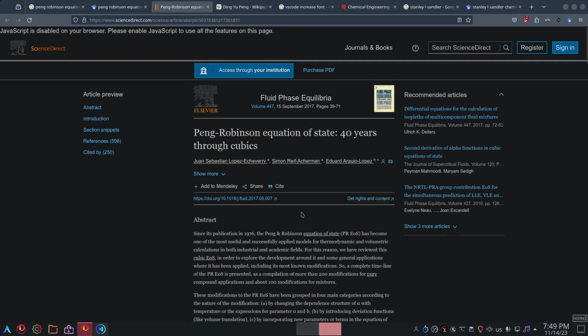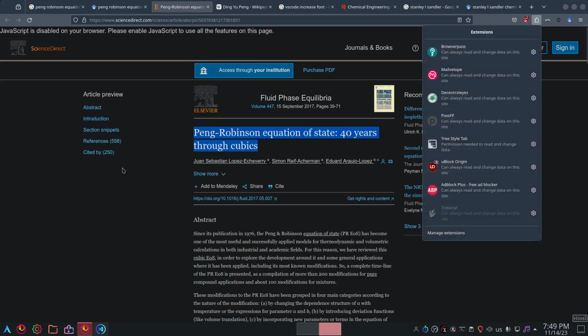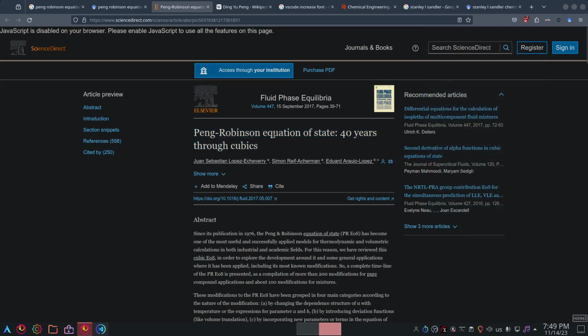Plus, you can look online as well. If you have access from your university or your research institute, whatever it is, you should be able to have some access to Science Direct, Elsevier, whatever it is. Things like this: Peng-Robinson equation of state, 40 years through cubics, or cubic equation of state.